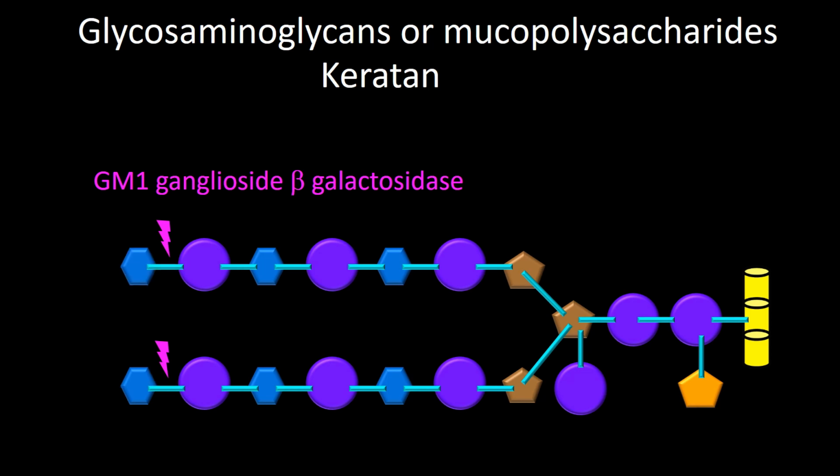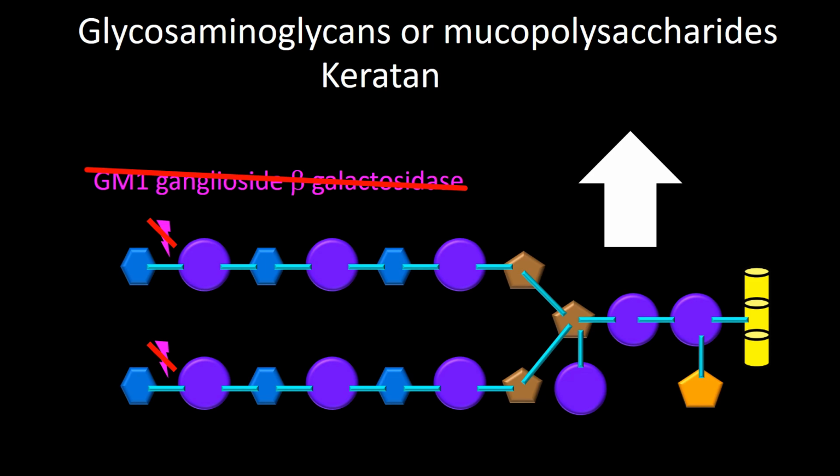But if beta galactosidase is missing or dysfunctional, as it happens in GM1 gangliosidosis, and as a consequence, no such splitting occurs, keratan increases.